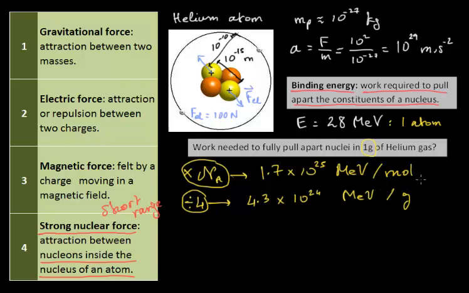And when I divide by 4, I obtain approximately 4.3 times 10 to the 23 MeV, and this time per gram of helium gas. Okay, now I have this MeV thing, and I have electron volts, which correspond to the energy, the work required to move an electron across a potential difference of 1 volt. You'll see that in another video. So let's translate this into joules, and for this I just need to multiply by 1.6 times 10 to the minus 19.